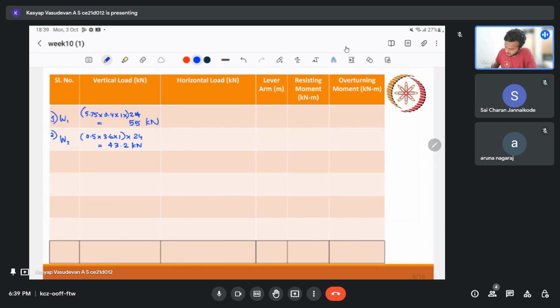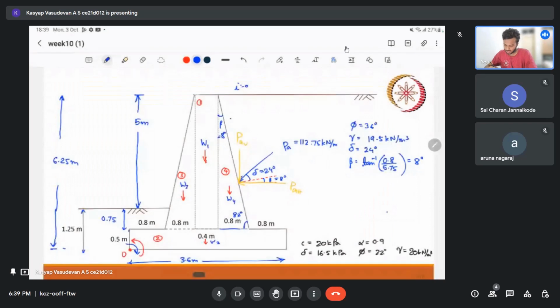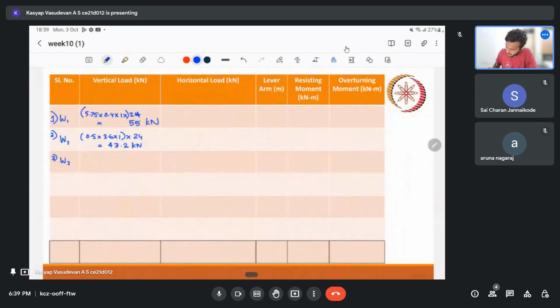So the third one is W3, that is a triangle. We have a triangle here, base is 0.8 and height is 5.75. So that triangle is half into 0.8 into 5.75 into 24. This is 55.2 kilonewton.